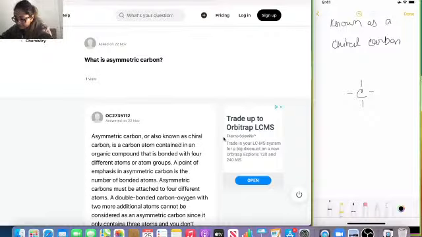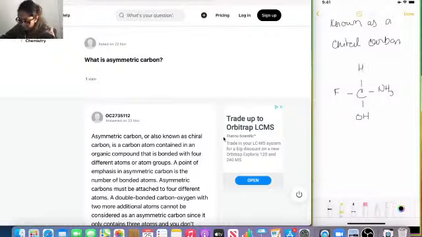It has to have 4 different bonds. For example, we can have a hydroxyl group, an alcohol group, an amide, we can have fluorine here, and lastly we can have a hydrogen.